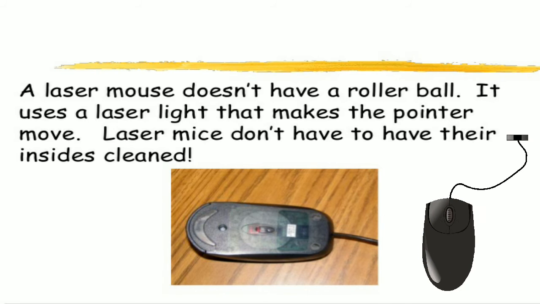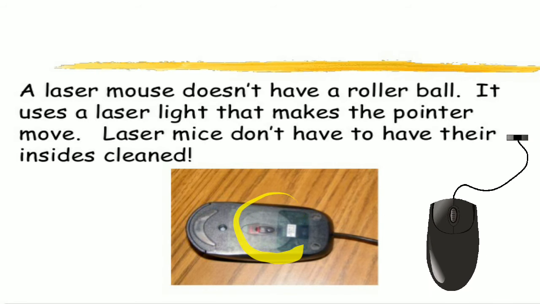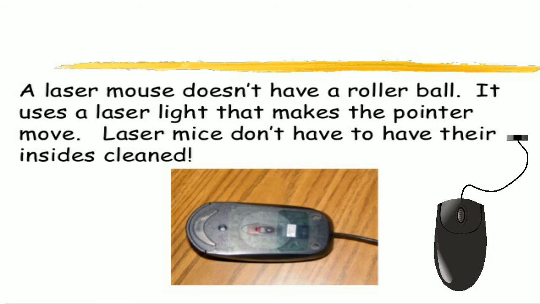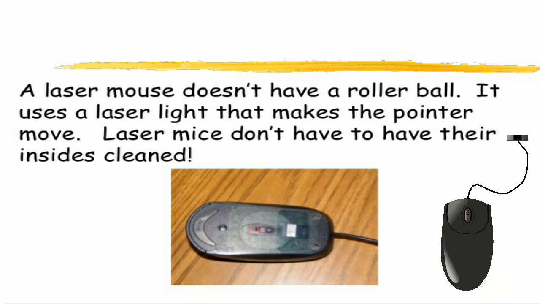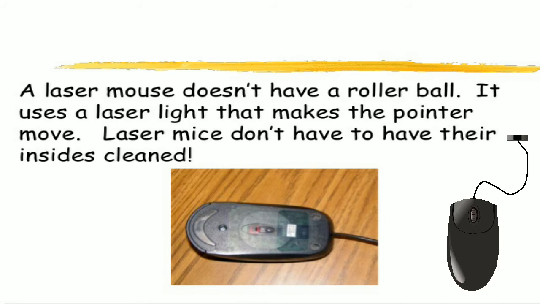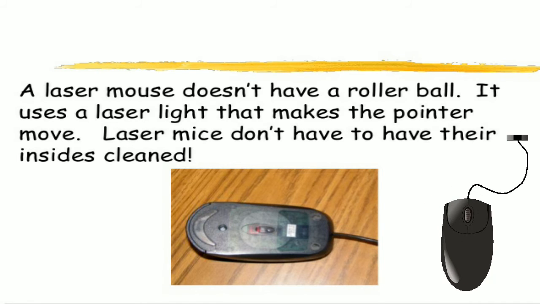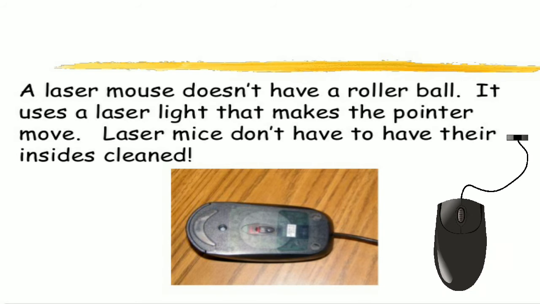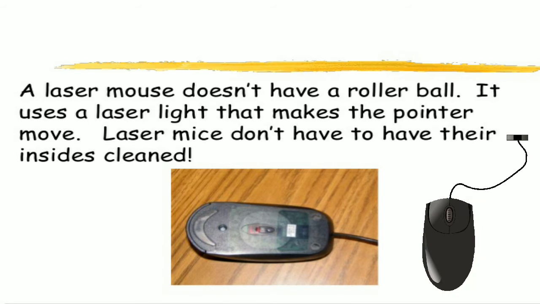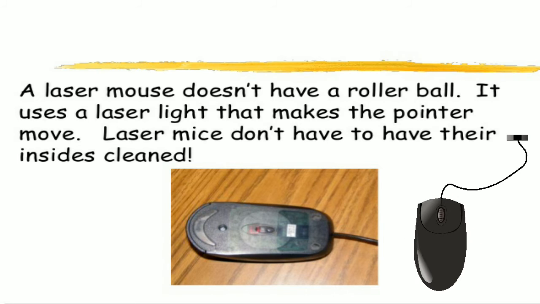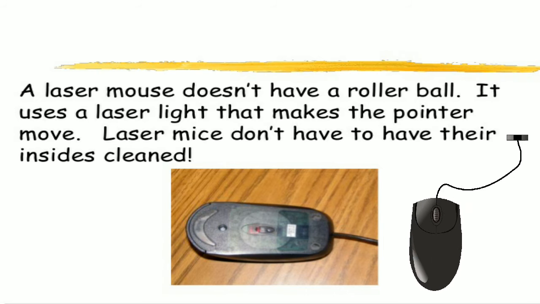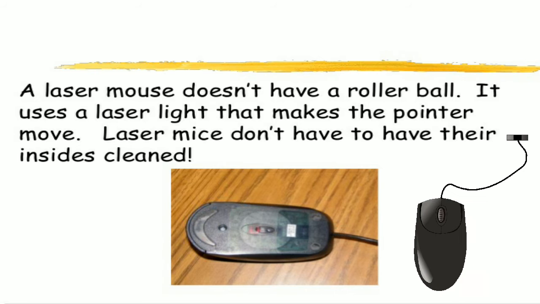It uses a laser light that makes the pointer move, and these newer mice don't have to have their insides cleaned. So a laser mouse doesn't have a roller ball, it uses a laser light that makes the pointer move, and it doesn't need its inside cleaned.